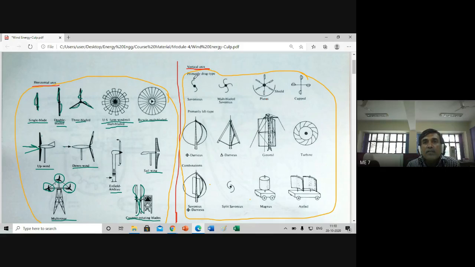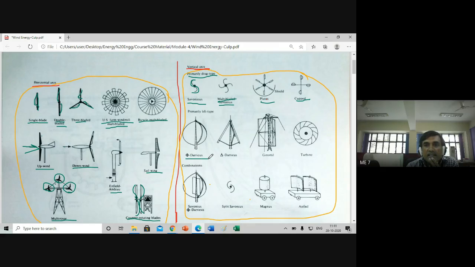Now coming to this primary drag type. Savonius, like this. Multi-bladed Savonius. Look at this. Okay. Plateaus. Then cupped.